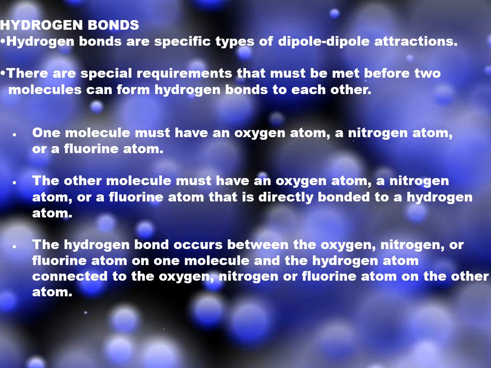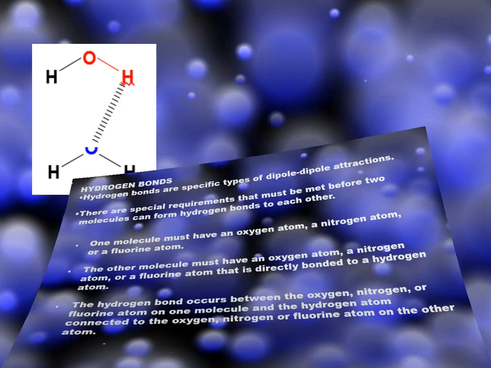The hydrogen bond occurs between the oxygen, nitrogen, or fluorine in one molecule and the hydrogen of an adjacent molecule. That hydrogen has to be bonded to an oxygen, nitrogen, or fluorine because they're very strongly electronegative atoms, and it forms the strongest of the intermolecular forces.